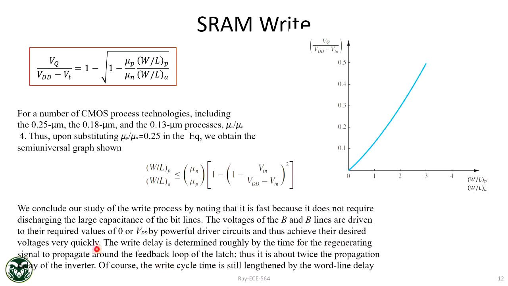For write, the main time constraint is not sensing. It is turning on the word line. So the word line rise time will constitute the majority of your write latency. The moment you turn on the word line, the cell is basically flipped, in less than a nanosecond, for example. But for read, you need to wait 4 or 5 nanoseconds just for the bit line to discharge.